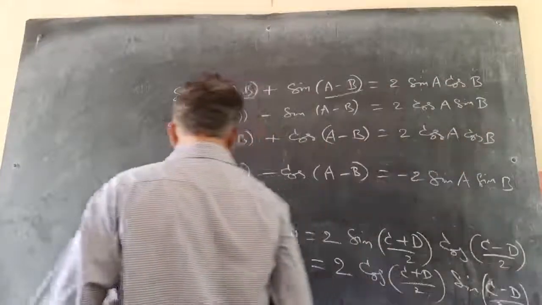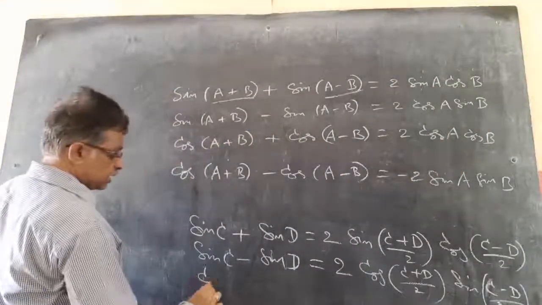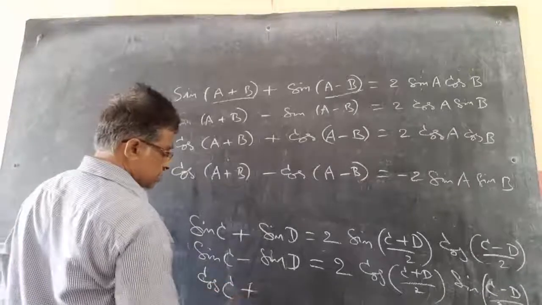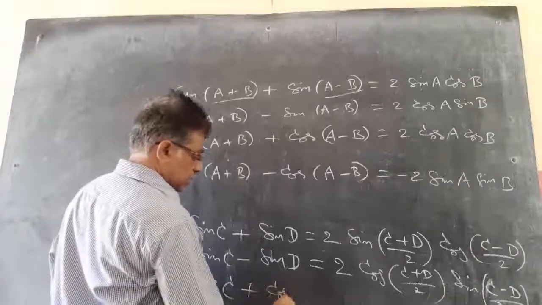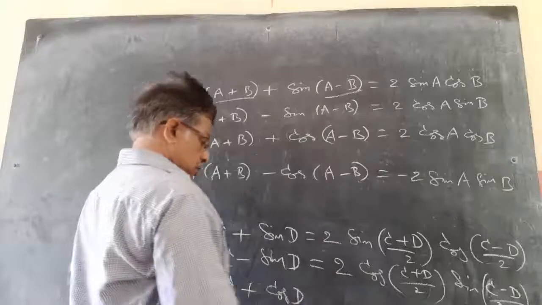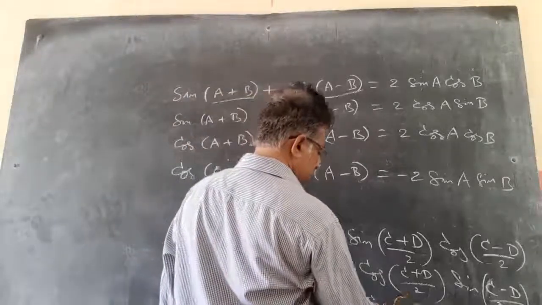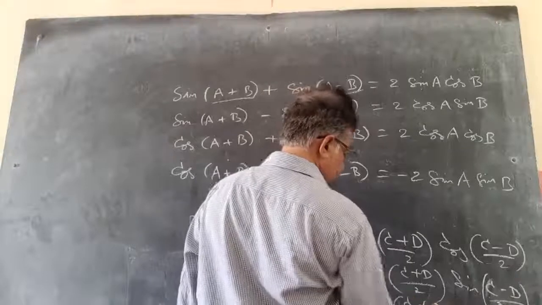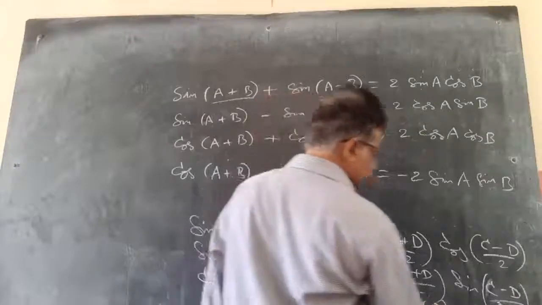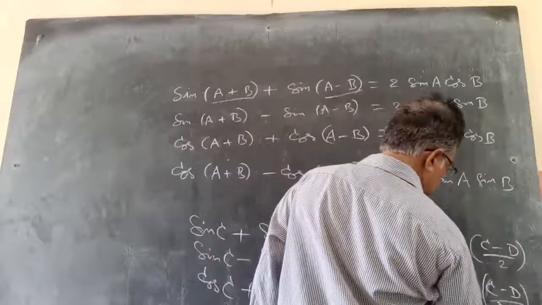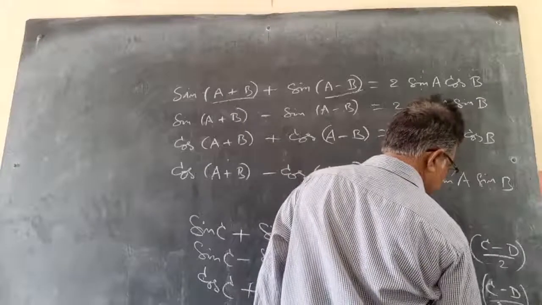Similarly, cos C plus cos D equals 2 cos of (C+D)/2 into cos of (C-D)/2.